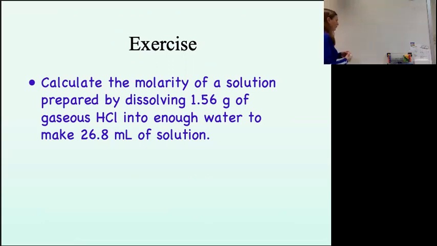So we have 1.56 grams of hydrogen chloride, and we are going to divide that by the 36.46 grams of hydrogen chloride per 1 mole in order to find our number of moles.